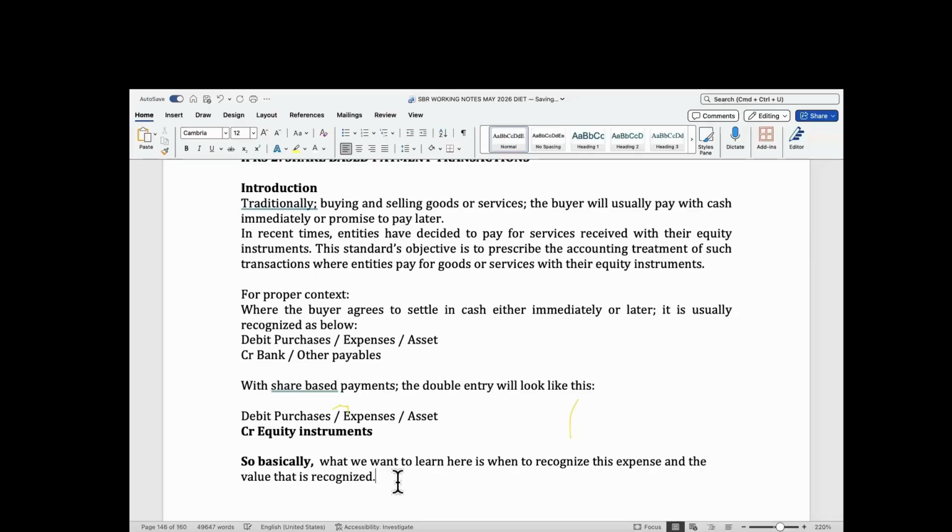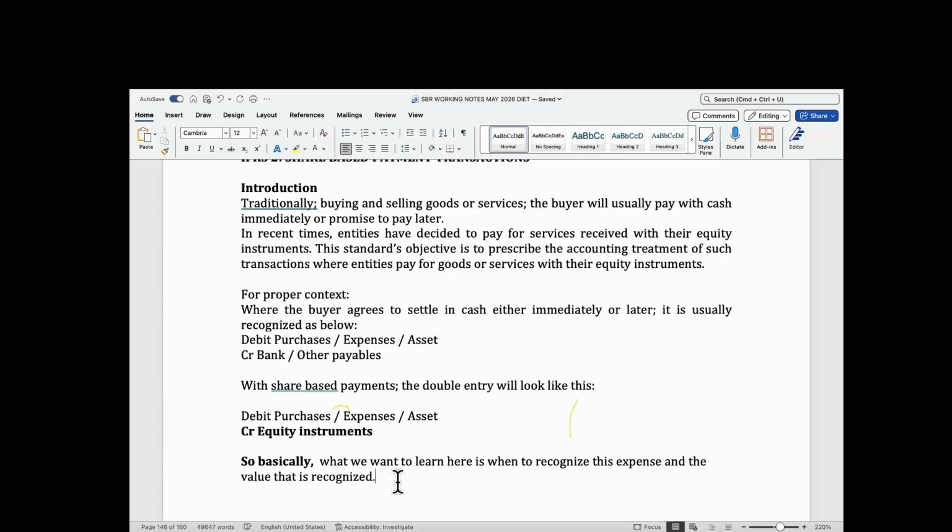Because you know that when a company pays with its equity, you are increasing your equity. You will have to issue more shares. You issue more shares, you have more shareholders, so it will increase. We are still going to go into further details there.